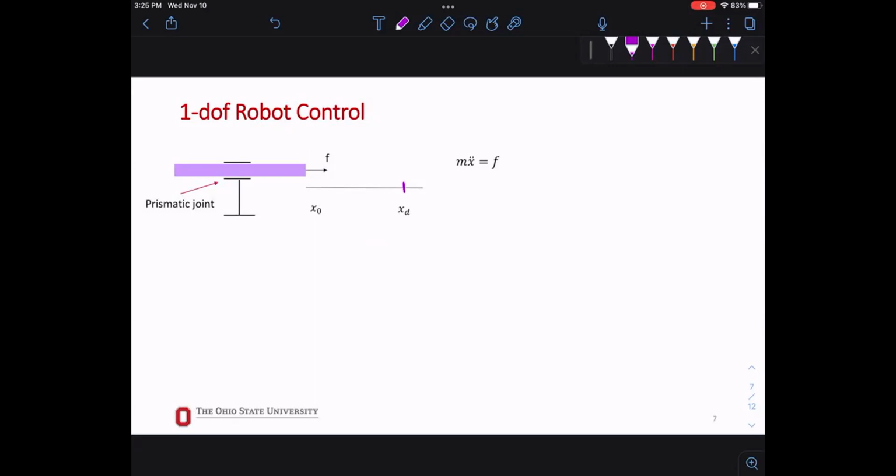The control law, where does it come from? What am I looking for? There should be an input. I'm trying to control my input, because if I know what my input is, then I will always get to my desired position. Let's say there is a force, that input, pulling that prismatic joint, and then we're going to see how we can define an expression for that input force. You want to make sure that you always end up at our desired position.